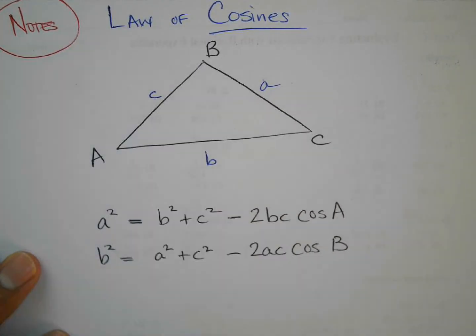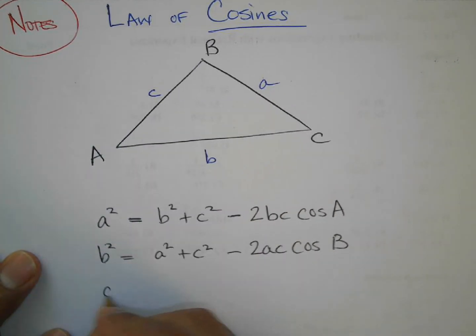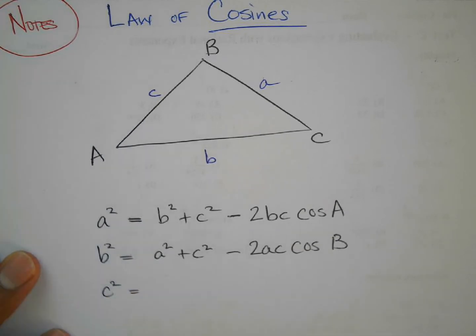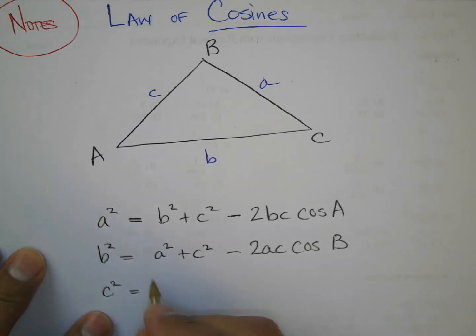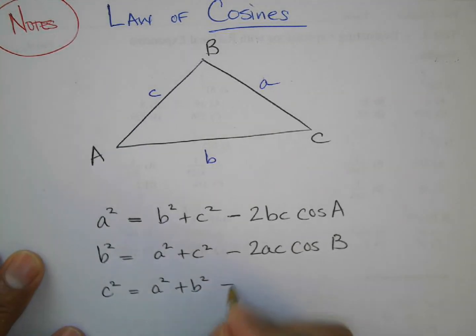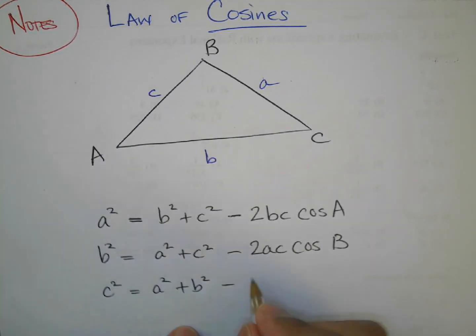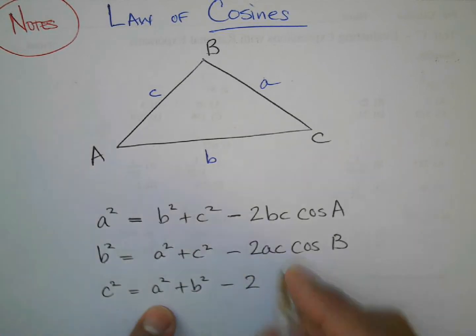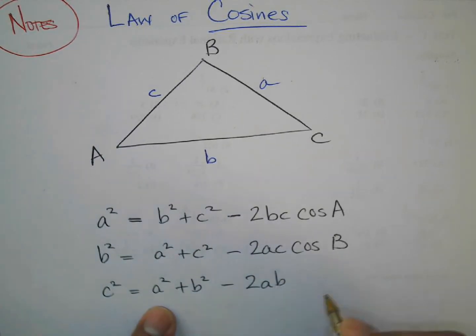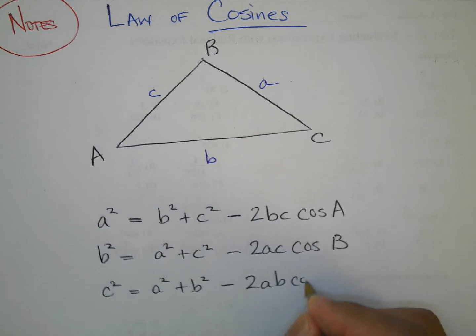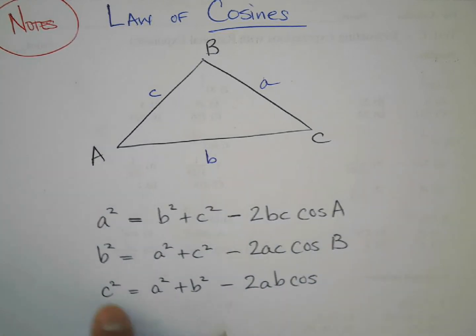And then if you're looking for side C, that would be c squared is equal to what? The other two sides, a squared plus b squared minus what? 2 times what? These two letters, AB, cosine what? Of the angle of the side you're looking for, right?